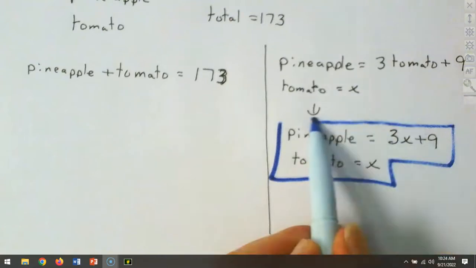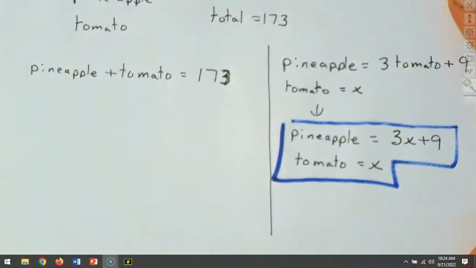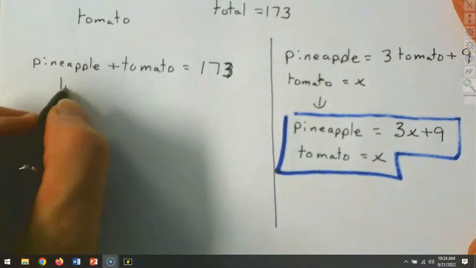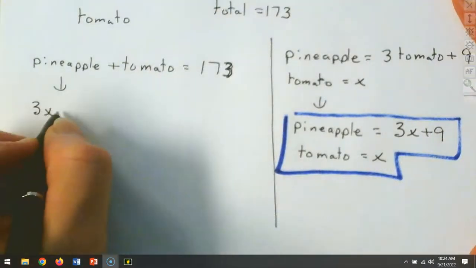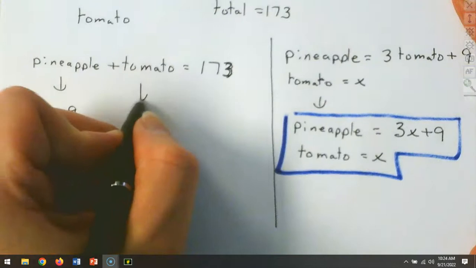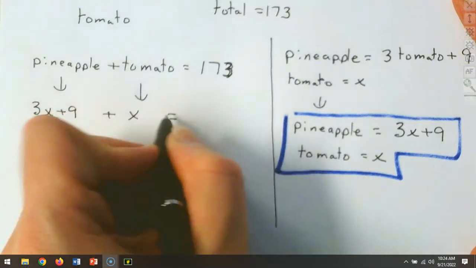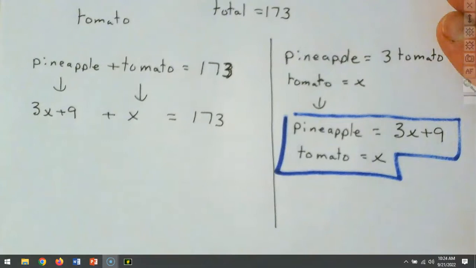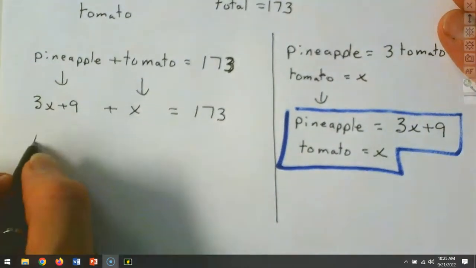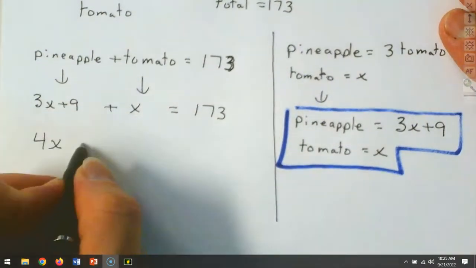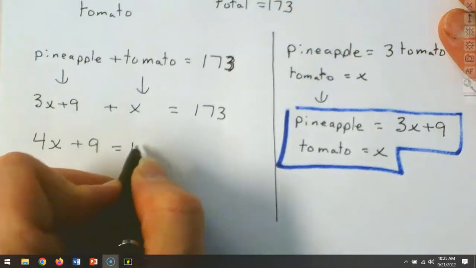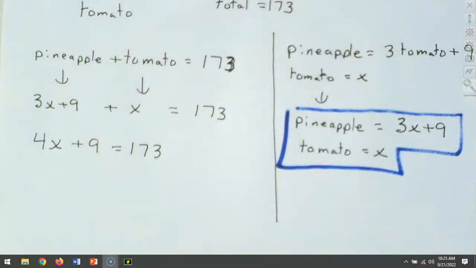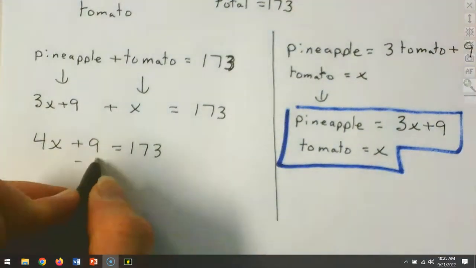Now we take what we've got and we replace the pineapple with 3x plus 9, and we replace the tomato with the x. Now we can finish it by combining them together. So how many x's do I have total? Looks like I've got 4x plus 9, and that equals 173. We'll move that 9 over with subtraction.